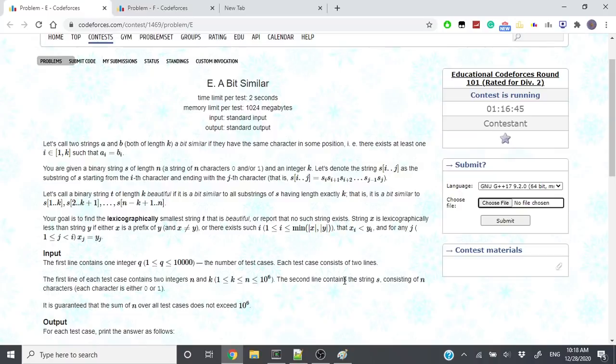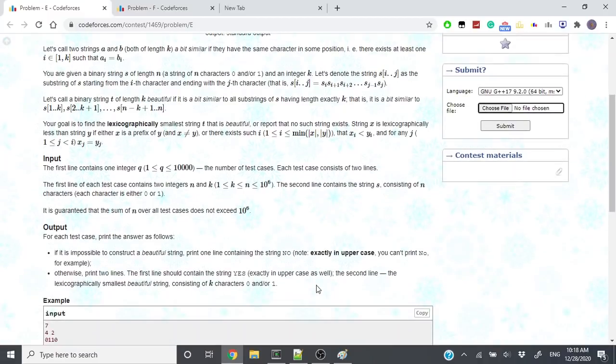Let's call binary string T of length K beautiful if it's a bit similar to all substrings of S having length exactly K. Goal is to find the lexicographically smallest string T that is beautiful or report that no such string exists.